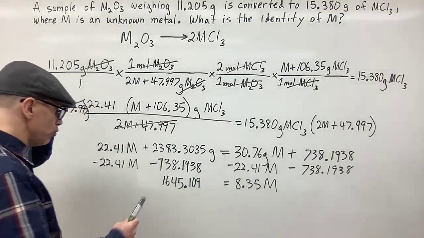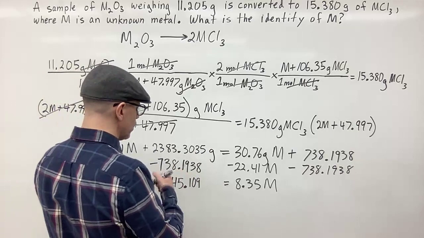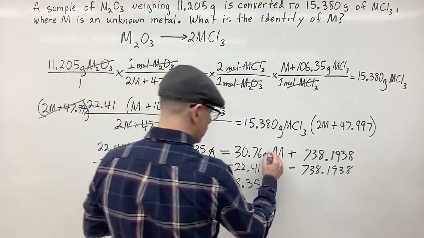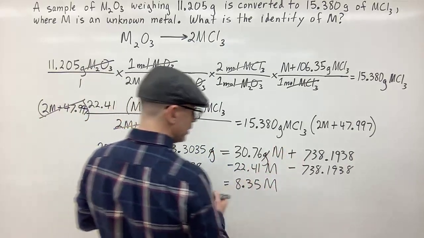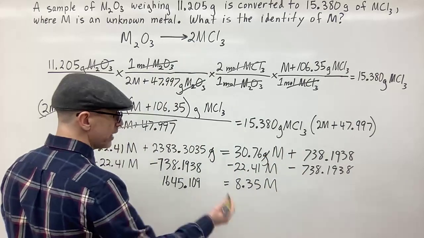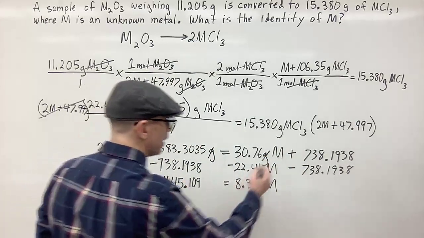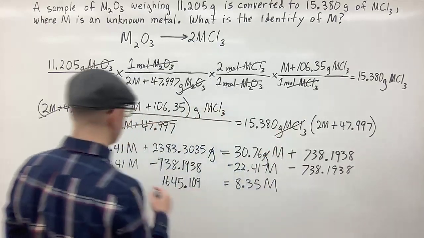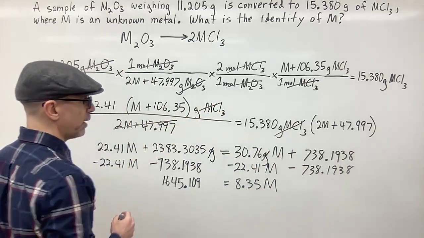And so you'll notice that I dropped the grams here because we're going to be solving for the molar mass anyway. So you don't really need to worry about that.